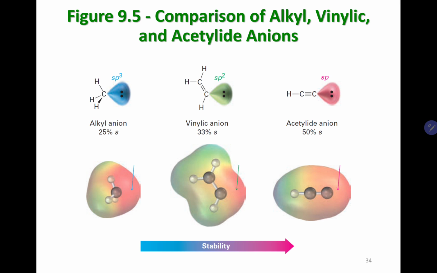Alkyl anions have 25% s character, vinylic anions have 33%, but the acetylide anion sp orbital has 50% s character. When you increase the s character, the stability of the negative charge increases. That is why by using a very strong base like NaNH2, you can deprotonate a terminal alkyne.